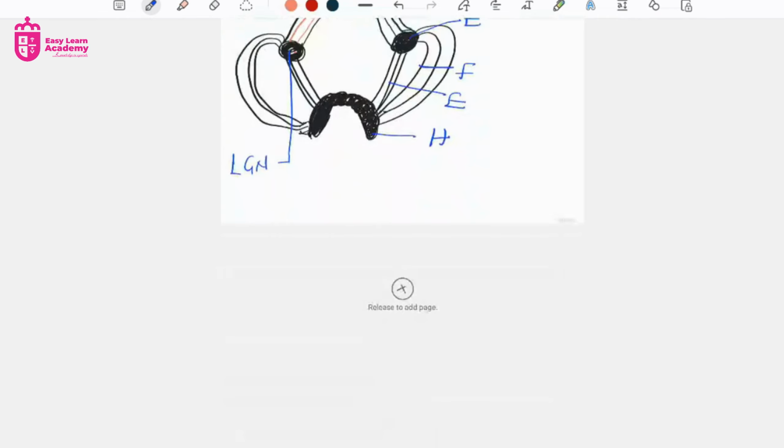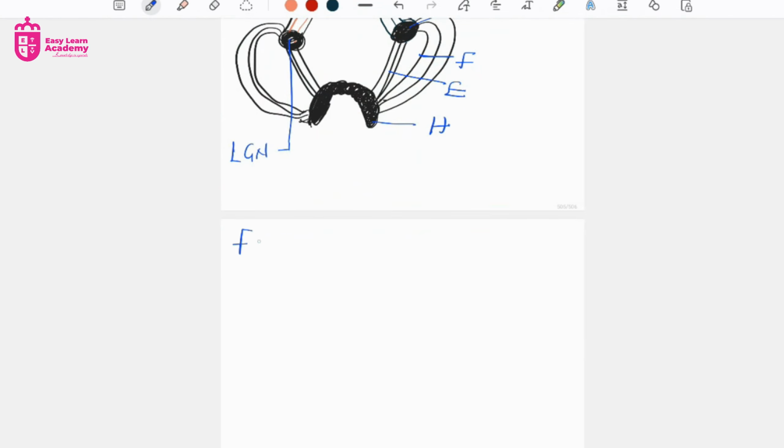I'm just going to go to a new board. F and G are your optic radiation. And then your H is what we call the occipital cortex.